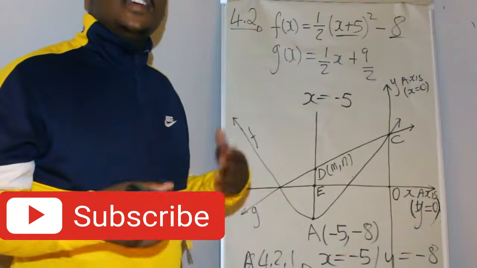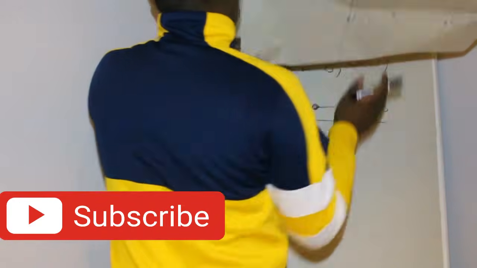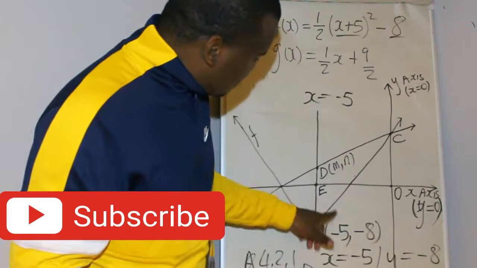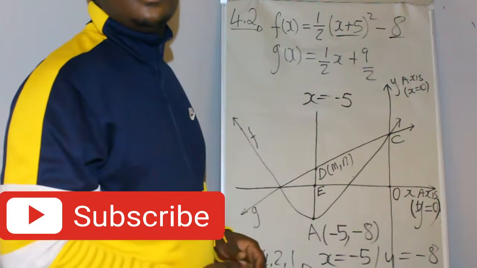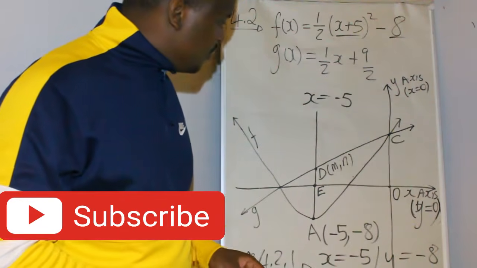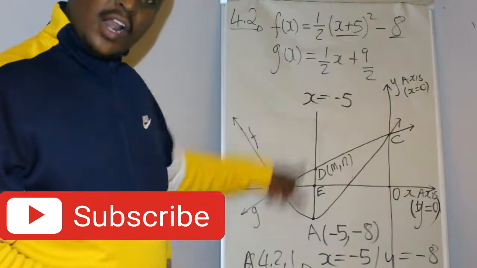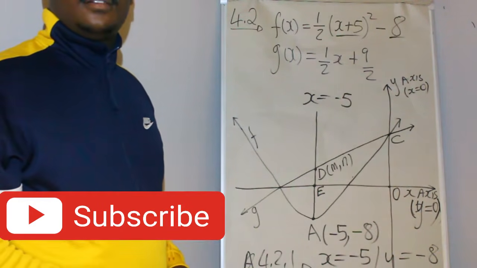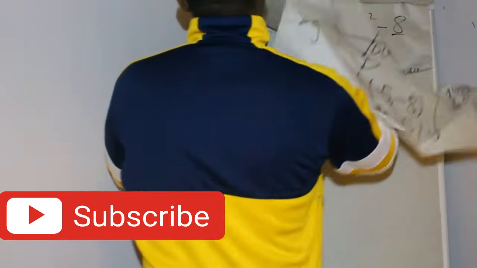The only thing that is missing is the y value. So let's go and find the y value. We're going to substitute -5 into this equation and simplify it. Then we're going to get the y value. The x value, we know m is equal to -5 because they are along the same line. Those are collinear points, which means they are on the same line.